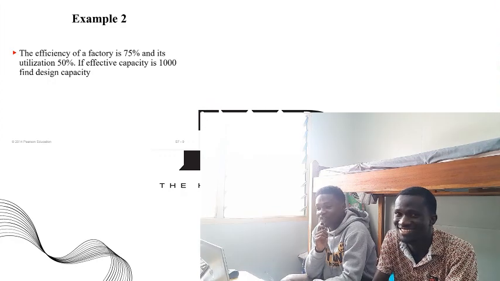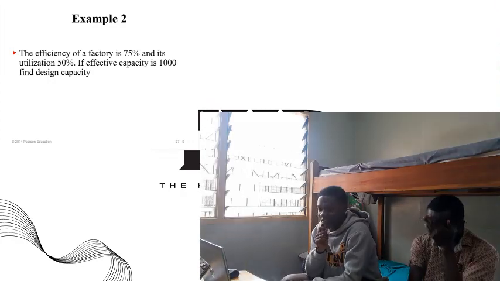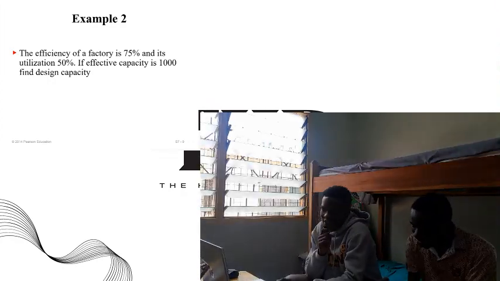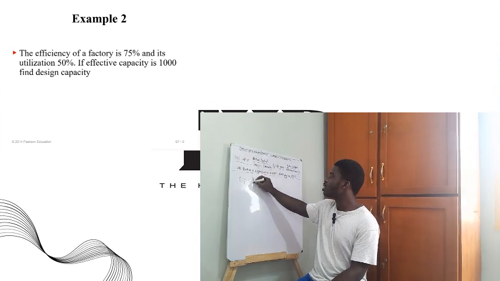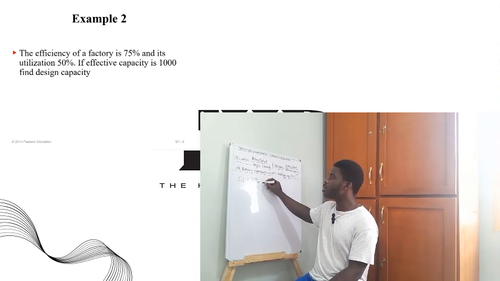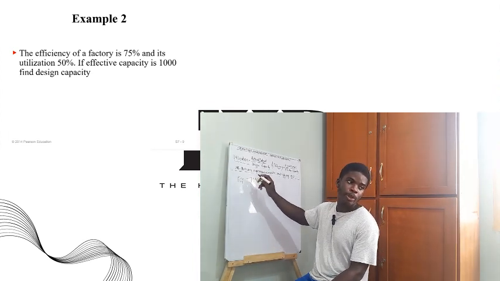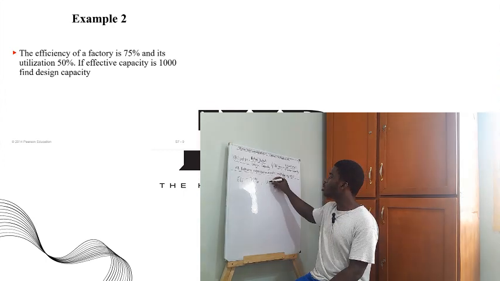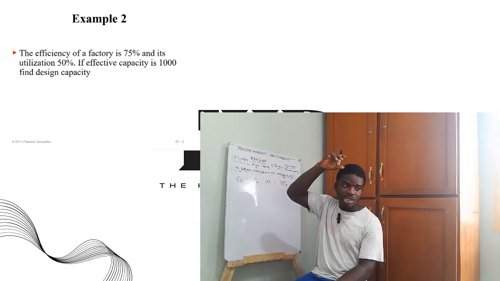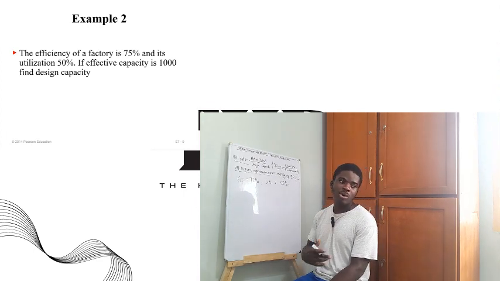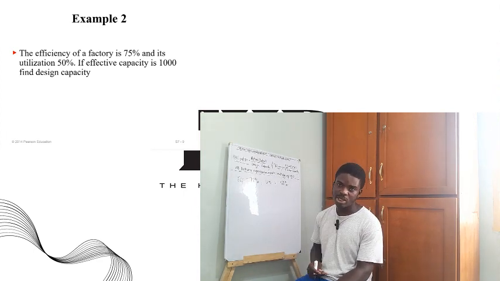If effective capacity is 1000, find the design capacity. So the efficiency is 75%, and the utilization was 50%.